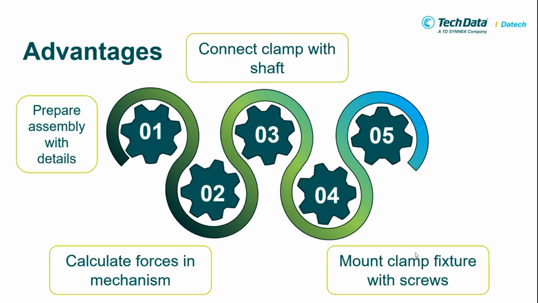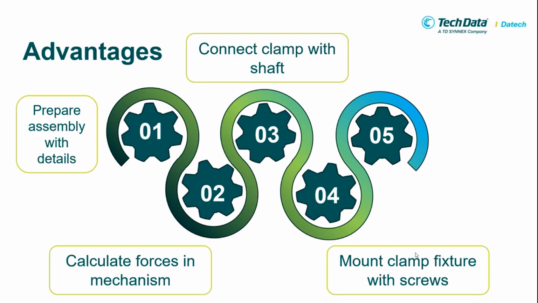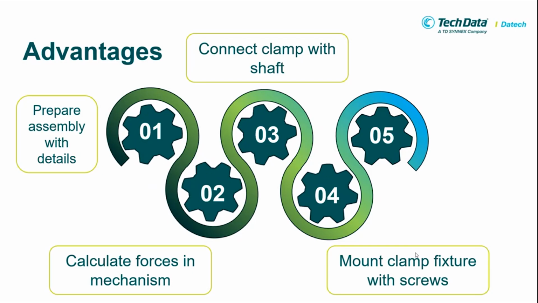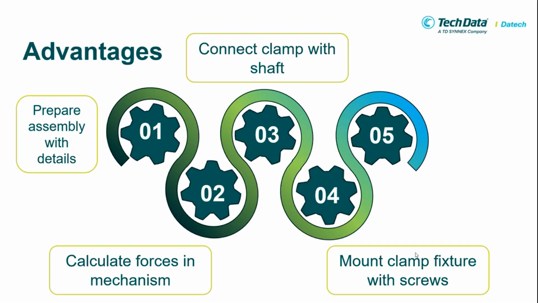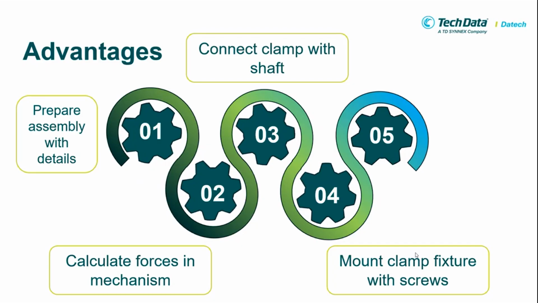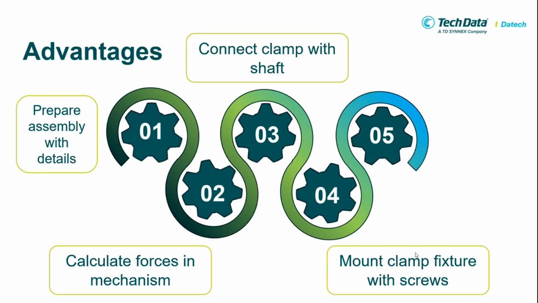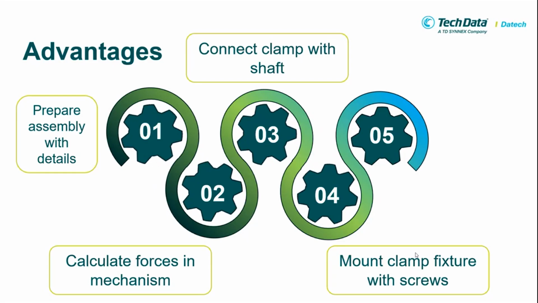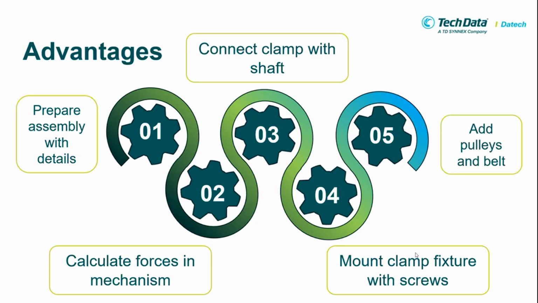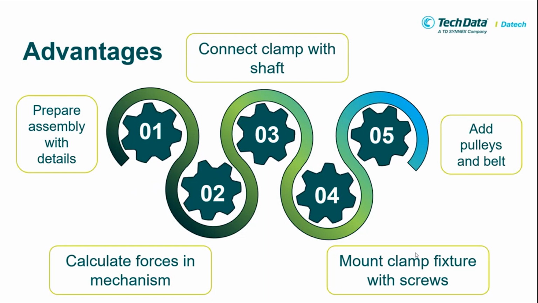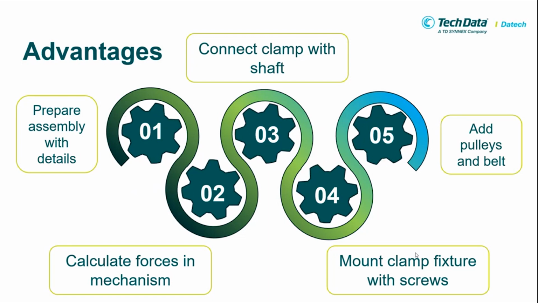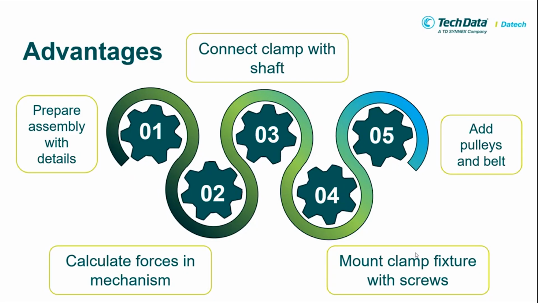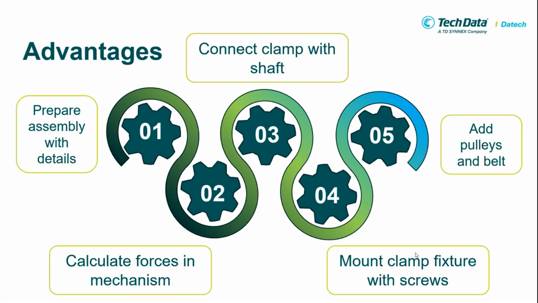Mounting clamp with screws connects more than 7 lakh standard parts that are pre-drawn. It also includes 1 lakh pre-drawn standard features and more than 8,000 pre-drawn holes. Adding pulleys and belts, they not only create parts according to specifications but also create all the reports and calculations needed to analyze the designs.